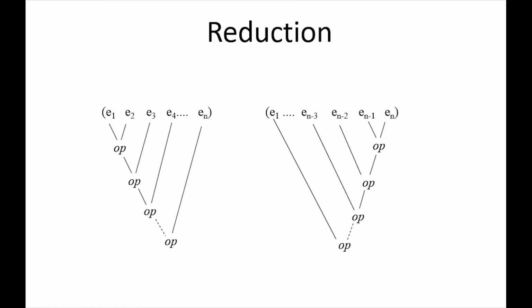Left reduction is in a natural way defined iteratively. So we iterate through the elements, and for each element we encounter, we compose it with the already existing result. So this is a natural iteration from E1 to En.